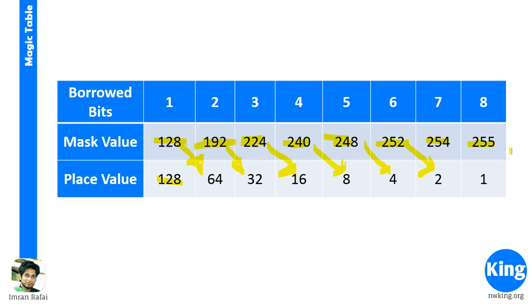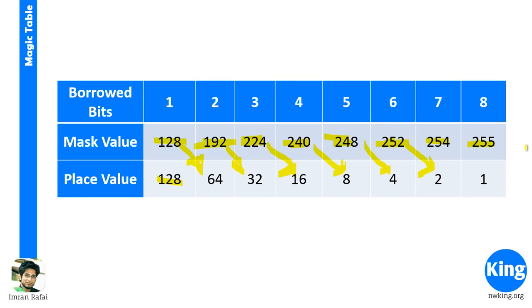So if you are given a subnet mask of 255.127.0.0, that's not a valid subnet mask. A valid subnet mask should be within these 8 numbers. If your subnet mask is not within any of these 8 numbers, that means that subnet mask is invalid. Remember, that's why I ask you to learn this table by heart. At least these 8 numbers you need to know.